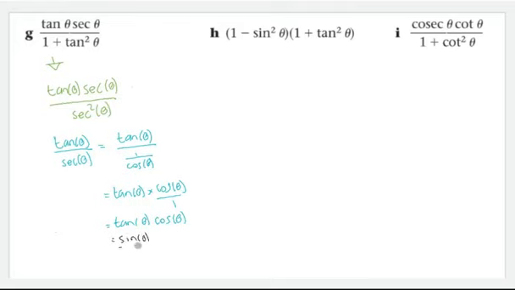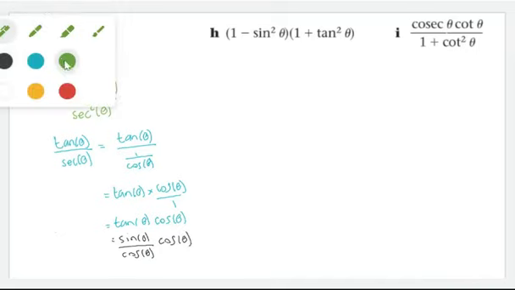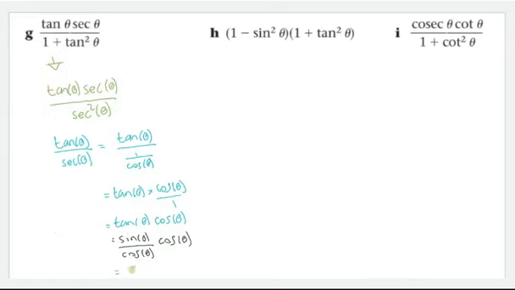Sine theta over cos theta, replacing tan theta with that, and it's still multiplied by cos theta. Then the cos theta and the 1 over cos theta cancel. So you're left with just sine theta. So all of that, and we simplified to sine theta. Nice.